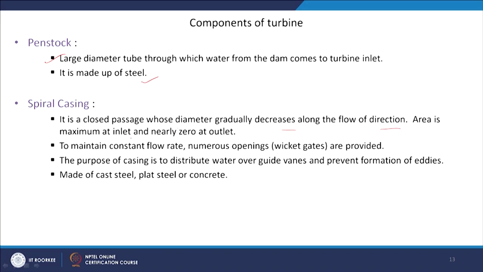Area is maximum at inlet and nearly 0 at outlet. To maintain constant flow rate numerous openings are provided, and the purpose of the casing is to distribute water over the guide vanes and prevent formation of eddies in the turbine. It is made of cast steel or concrete.